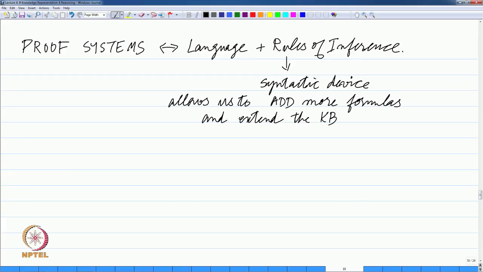The most common, that no doubt you are familiar with, is called modus ponens. We will use the term MP. Modus ponens says that if you have a propositional variable p, and remember, it is a variable and you can plug in actually any formula instead of this p, and if you have a formula p implies q, then you can add q.